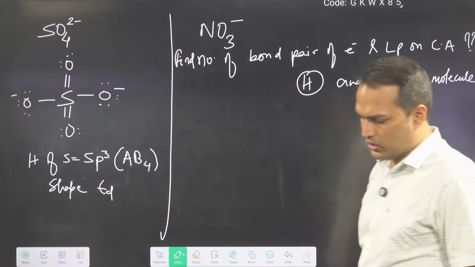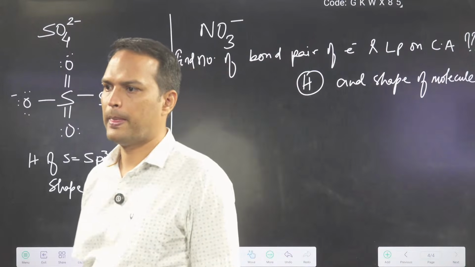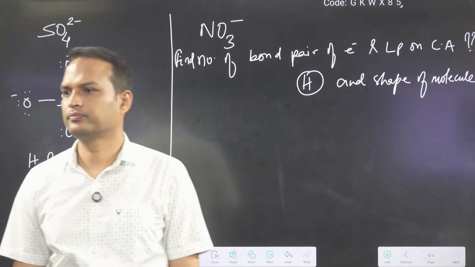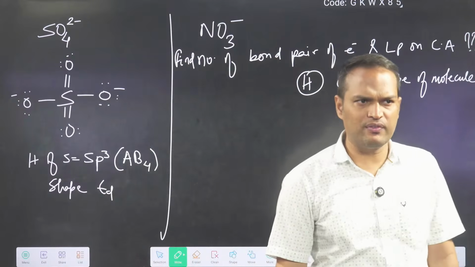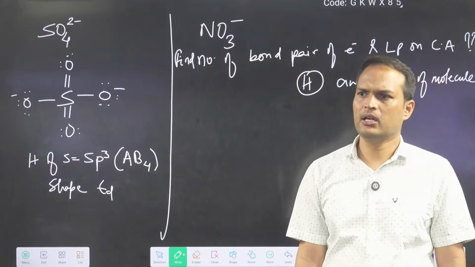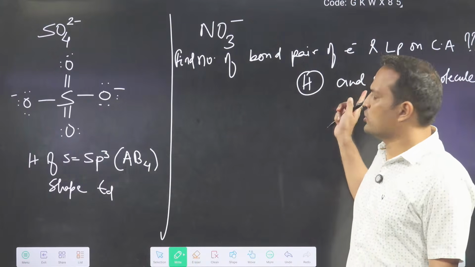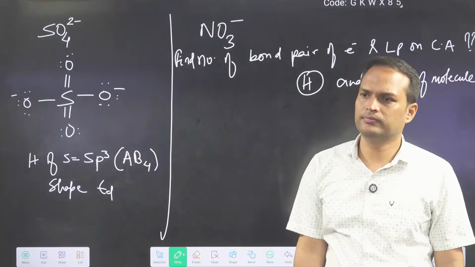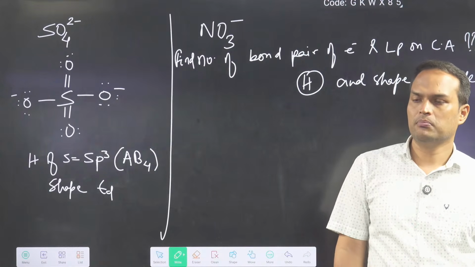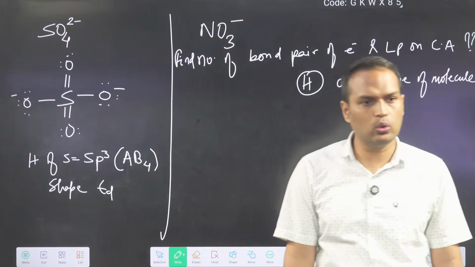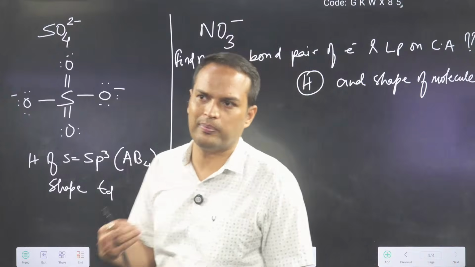Come on, try to do this on your own. Take time. Whichever method you want to apply, you apply. For hybridization and shape, we can do it by shortcut also. Lone pair on the central atom, that also I can tell very quickly. But for telling total bonds, you will have to use your brains.